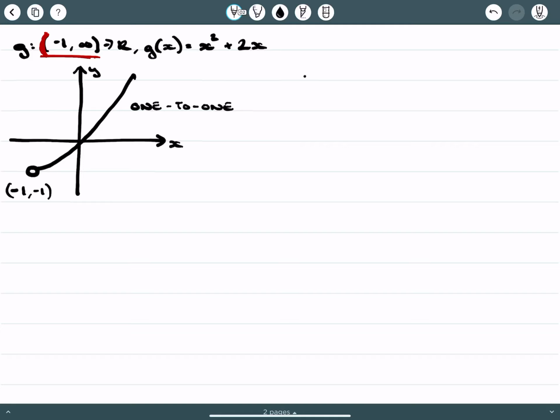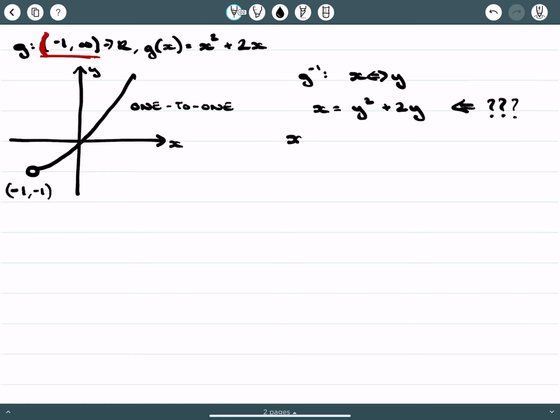In a similar way to f(x), we swap x and y in our equation, so this equation is written as x = y² + 2y. This doesn't look easily resolved, but those of you who are good with methods will realize that to deal with this function, you're going to have to complete the square.